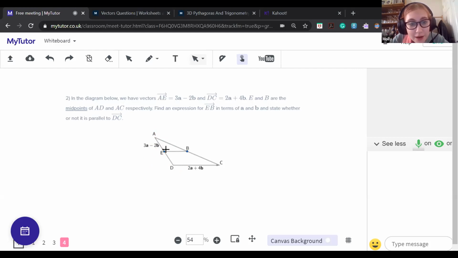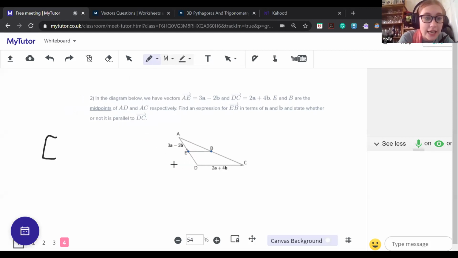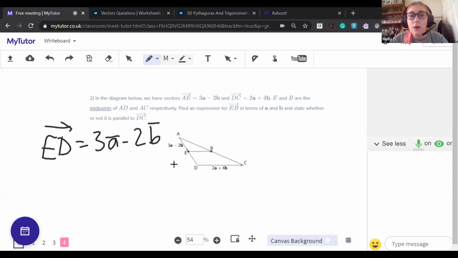AE is 3a minus 2b. This means that AD is also 2 lots of 3a minus 2b, because it's the midpoint, to get from A to D, we've got to go again. So we know, and we can write this down. With questions like this, you've got to kind of explain your working. So we just say ED equals 3a minus 2b, because it's the midpoint there.